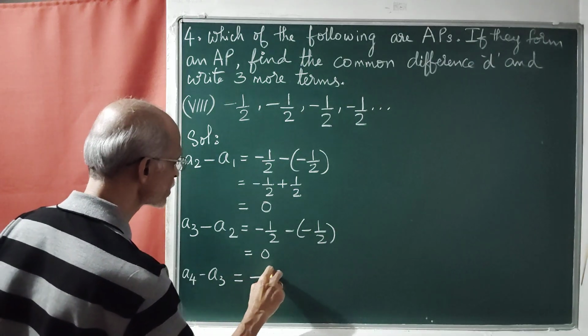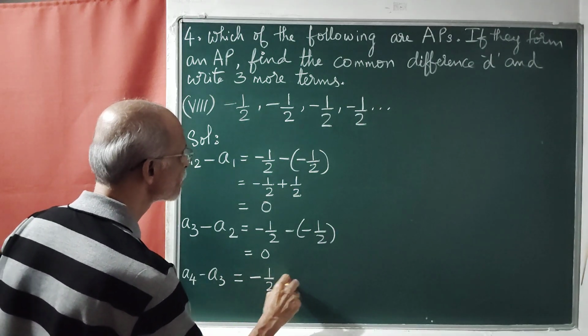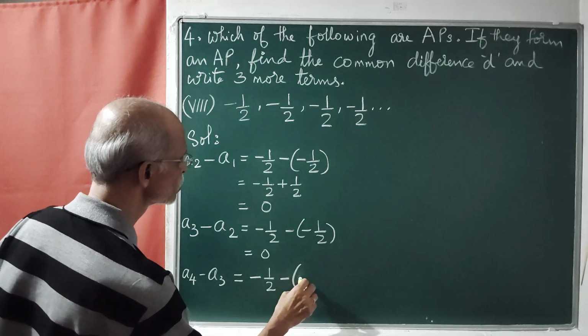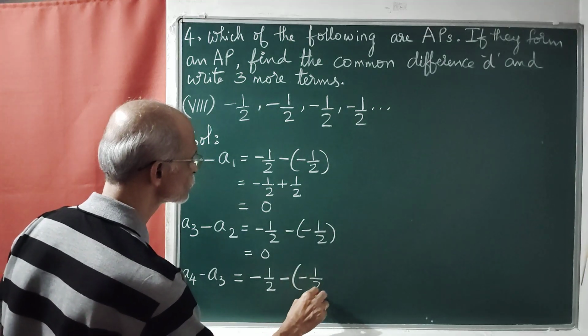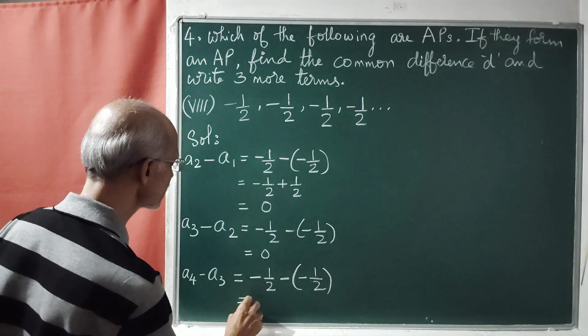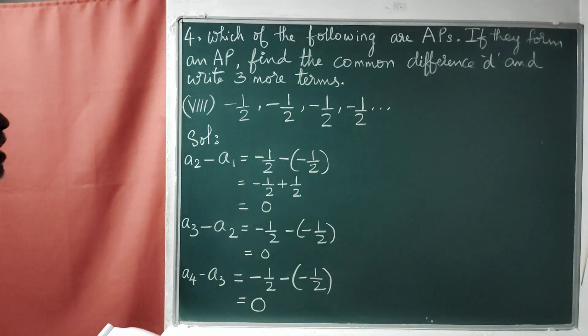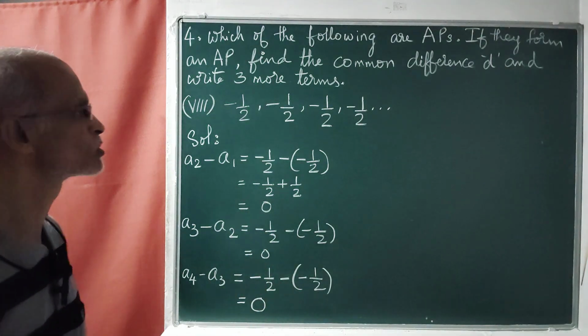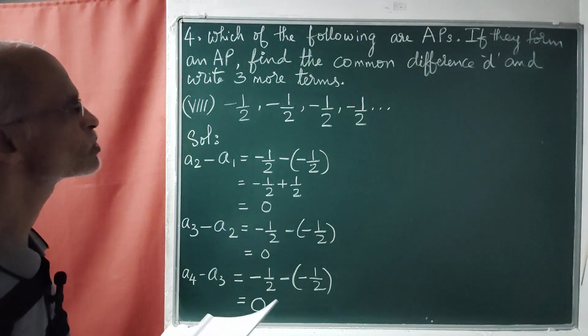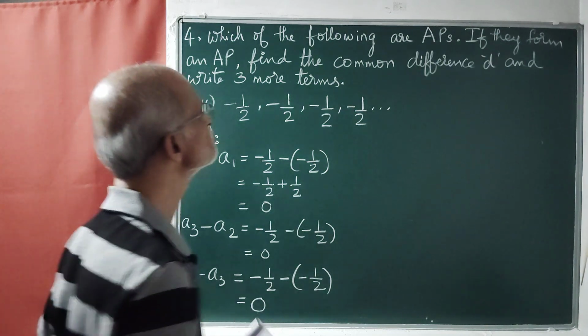A4 is also minus 1 by 2 minus minus 1 by 2. Here also will get 0. So there is a common difference between the numbers. So the given numbers form an AP.